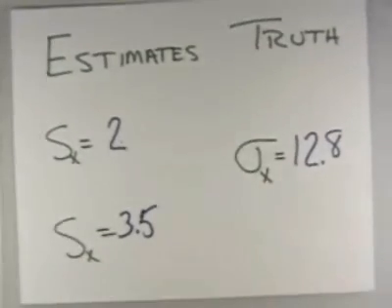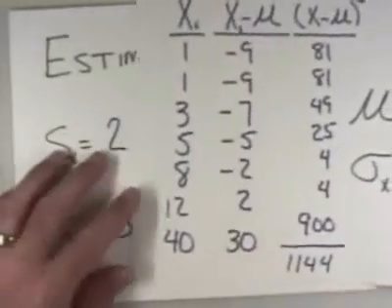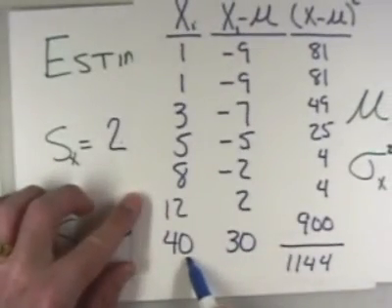Now, again, the reason that there is this tremendous difference is the fact that our initial data had that one very large number. We had this 40.